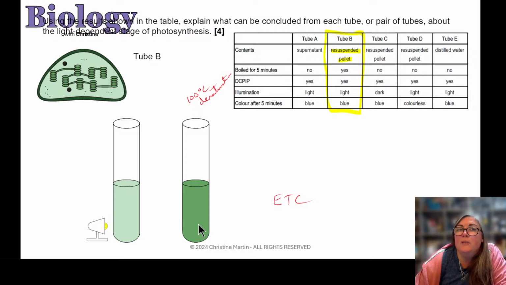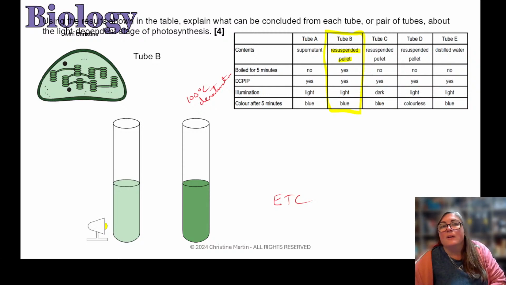So what we need to understand then is, if I boil it for 5 minutes, yes, I have boiled it for 5 minutes. What does boiling do? Well, if we've boiled it, we've got it to 100 degrees C. So therefore, we're going to denature any of the proteins and the molecules that are there.